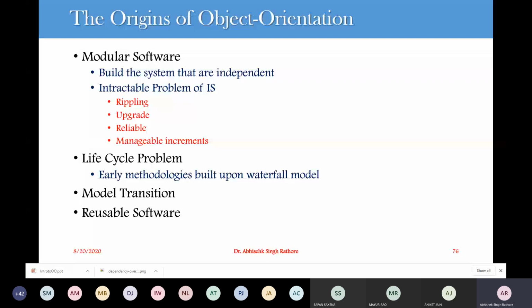Many times we have to reinvent a new solution for an older problem, so it requires time and money again and again. So it leads to reusable software development, where we can make reusable components, and thus we have some clues about the origin of object orientation technology.